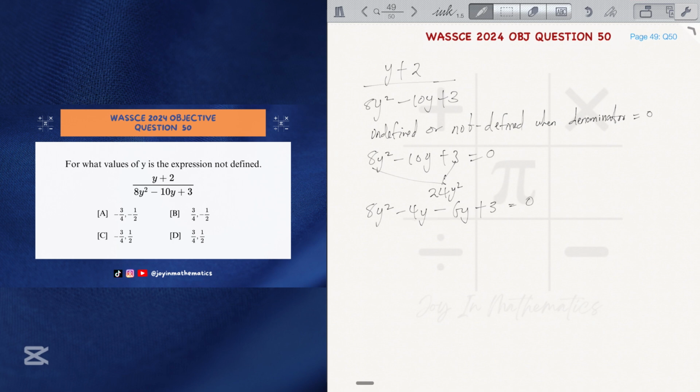So factorizing the first two terms with 4y, we will have 2y minus 1, and factorizing the next two terms with plus 3, we will also have 2y minus 1 to be equal to 0.